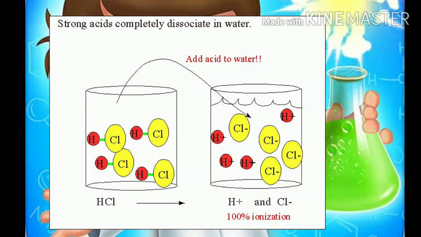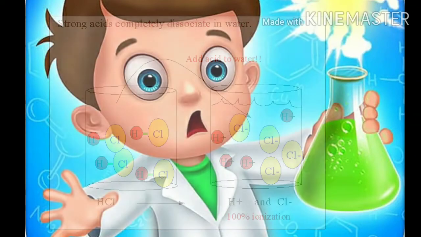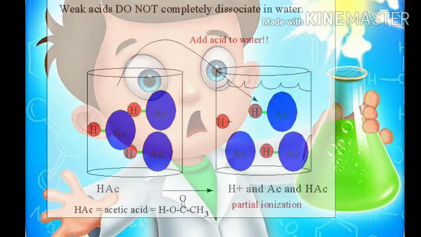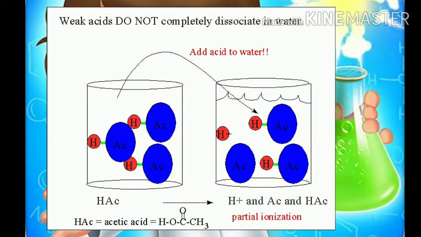For example, sulfuric acid, hydrochloric acid, nitric acid are strong acids. As you can see in the picture, the hydrochloric acid is completely separating into hydrogen ions and chlorine ions on dissolving in water.